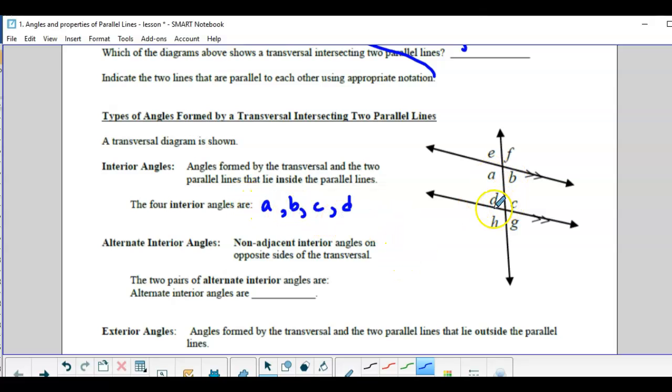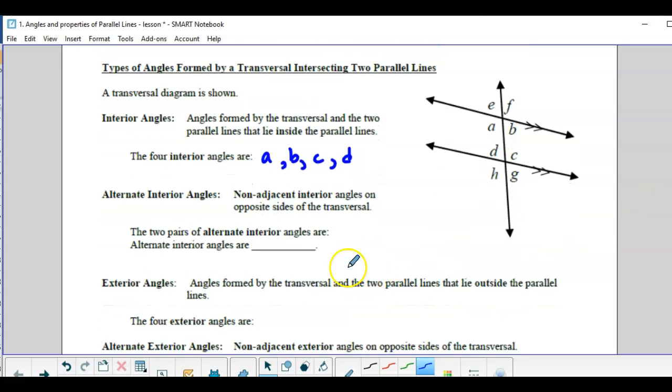So those are interior. What we're going to look at more frequently is more specific types of angles, so alternate interior angles. The definition of those is non-adjacent interior angles on opposite sides of the transversal. That's a lot of big words there. Think of alternating. If you alternate from the left side of the road to the right side, you're going back and forth, right?